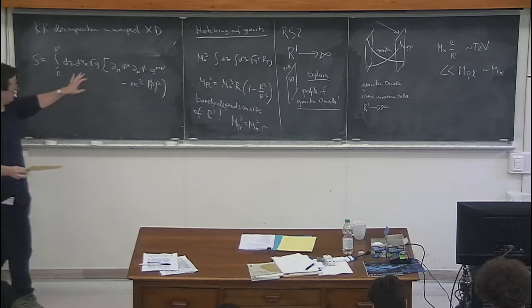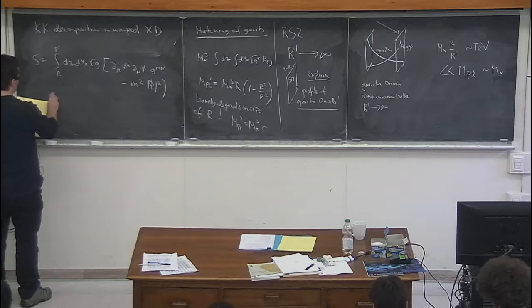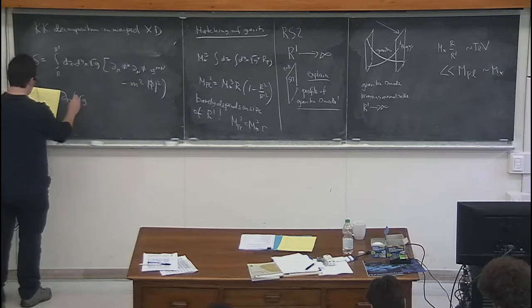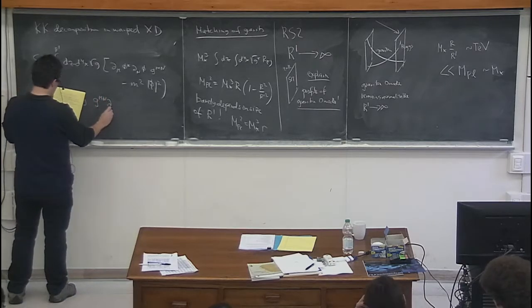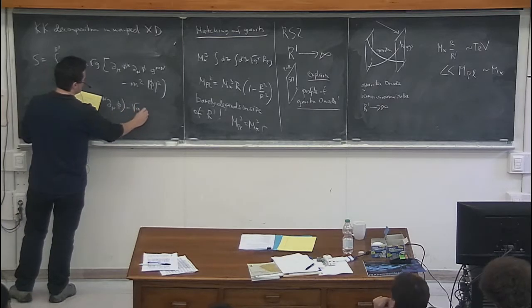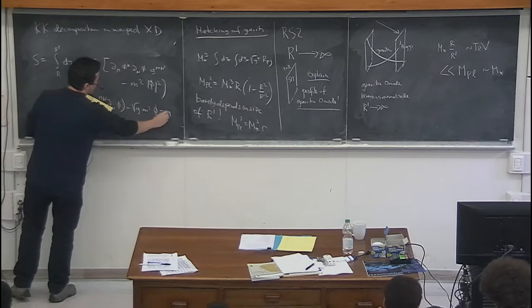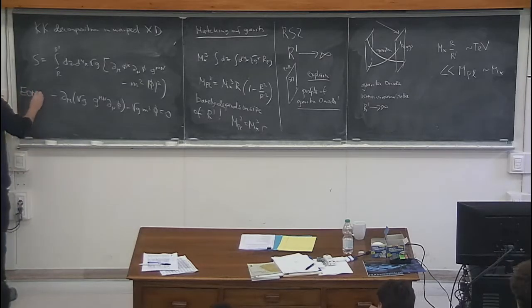There will be a bunch of g factors showing up. So the equation of motion, let me just write this out once, is D_M of root g g^MN D_N phi minus root g m squared phi equals 0. So that will be the 5D equation of motion for a bulk scalar.